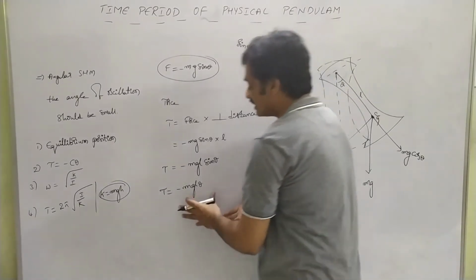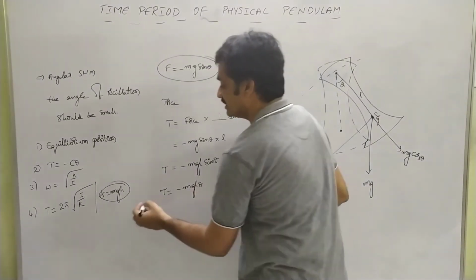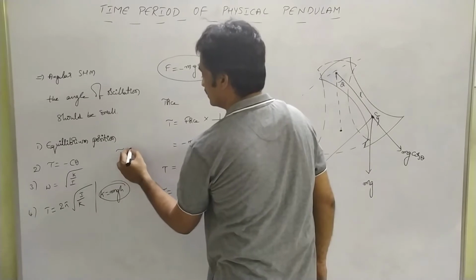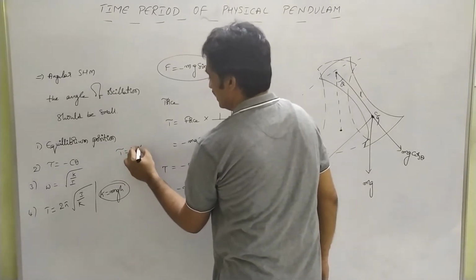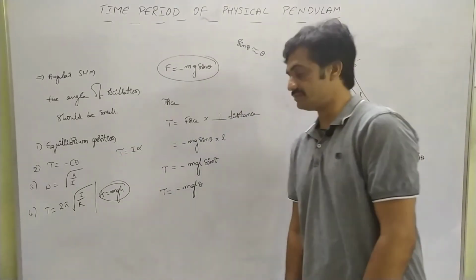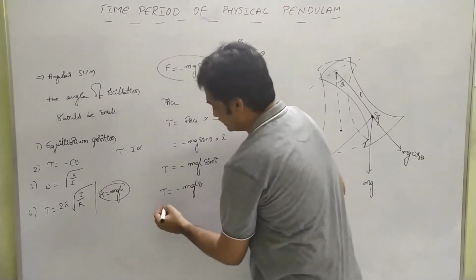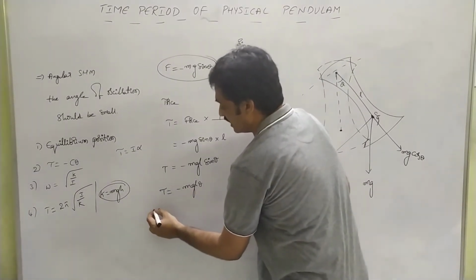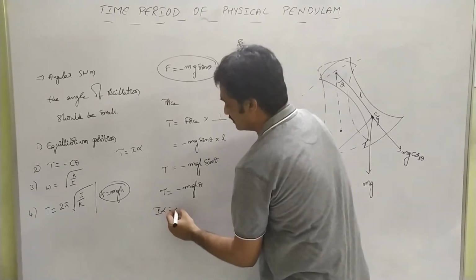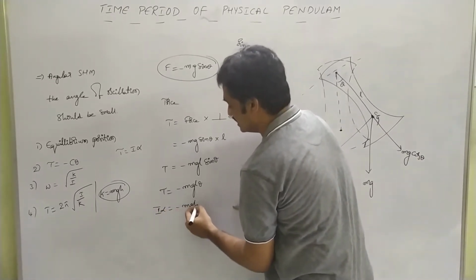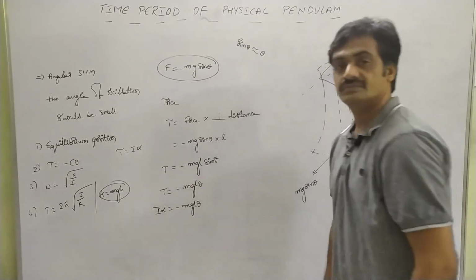Now we are going to compare this expression with tau equals I alpha. Whereas observe that I alpha equals minus mgl into theta.